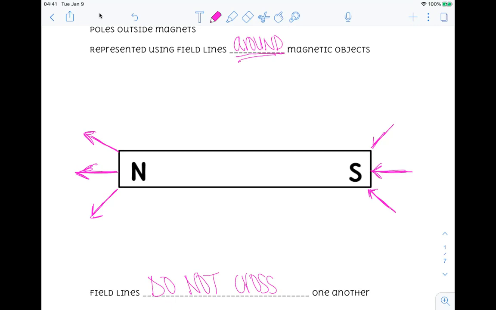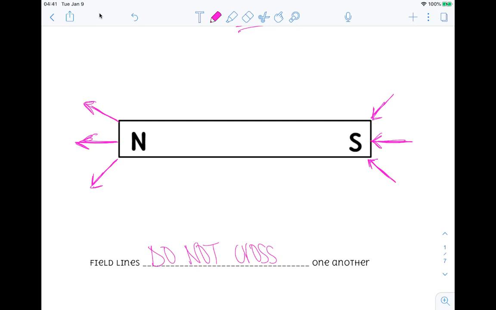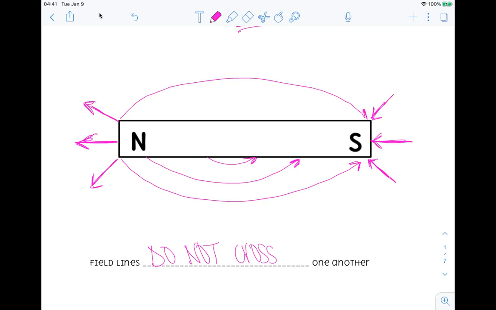However, we know that these field lines do not just stop on the ends. We know that something has to be going on the top and bottom of your magnet. And for that, that's how we draw the bending of our field lines. So they look something like this. We have that on the bottom. We also have the same going on the top.